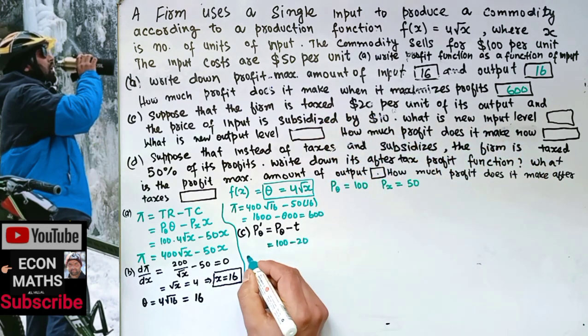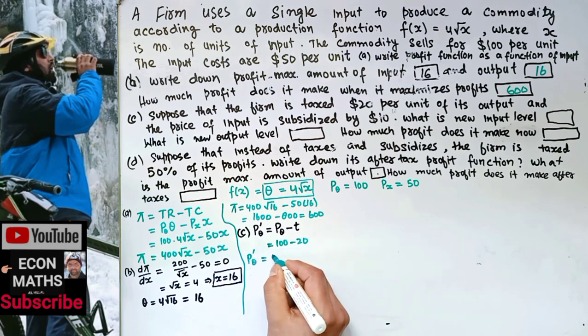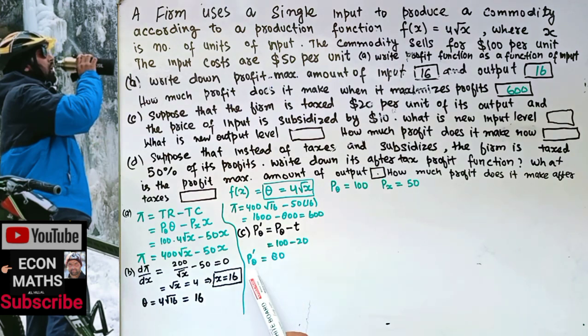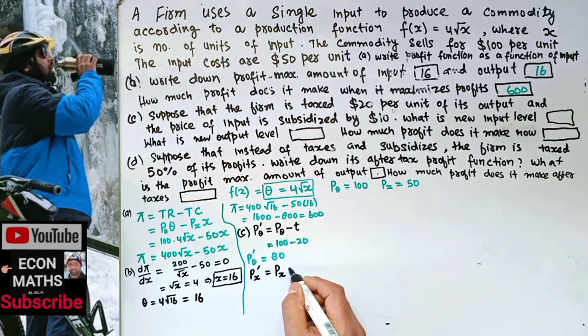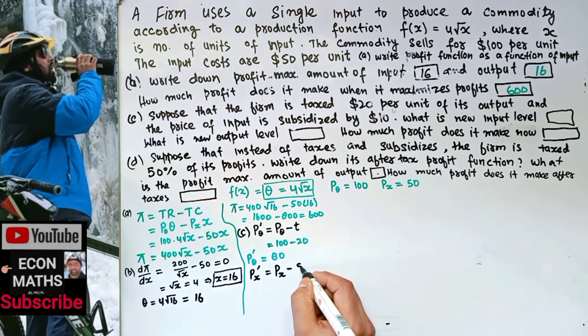So the new price of output will be $80. That means $80 will the firm get as the price. Also the price of input, let us denote it by P subscript X dash, the new price of input, will be equal to the old price of input, P subscript X, which was 50, minus the subsidy amount.